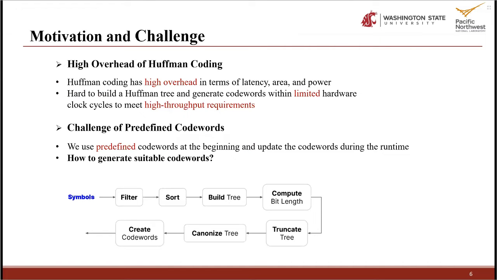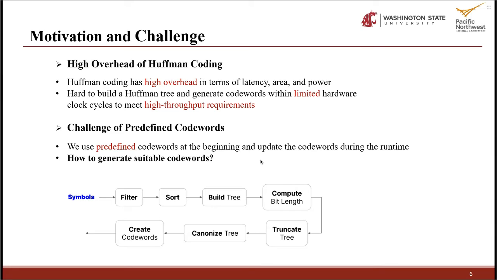Then I will talk about the motivation and the challenge. The figure shows the process of building a Huffman tree. It needs 7 steps to finish. Huffman coding has high overhead in terms of latency, area, and power. And besides, it is hard to build a Huffman tree and generate code words within limited hardware clock cycles to meet the high throughput requirements.